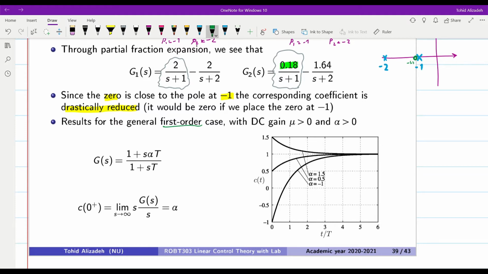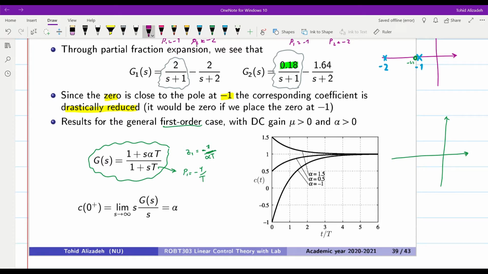When we have a zero, we can write the transfer function for the first order system in this form: 1 plus s times alpha t over 1 plus s times t. This means that we have a pole at -1 over t and a zero at -1 over alpha t. If you consider the variations in terms of alpha, the location of the pole will be fixed.